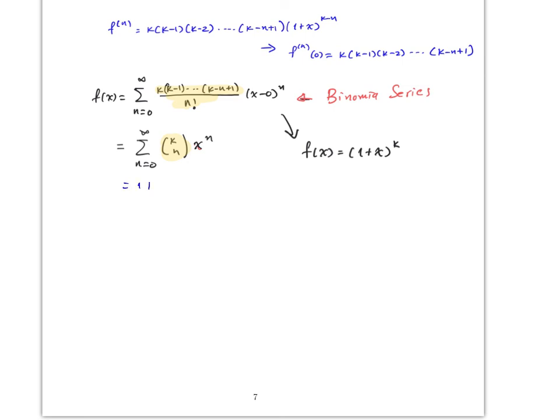So this equals 1 + kx + k(k-1)x^2/2 factorial, then k(k-1)(k-2)x^3/3 factorial, and so forth. So this is actually easier to use.